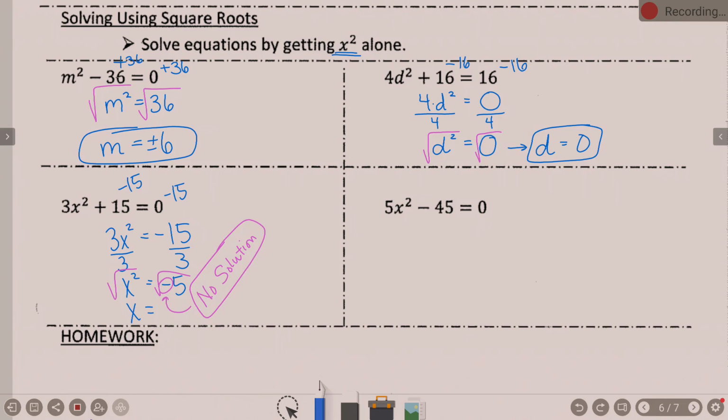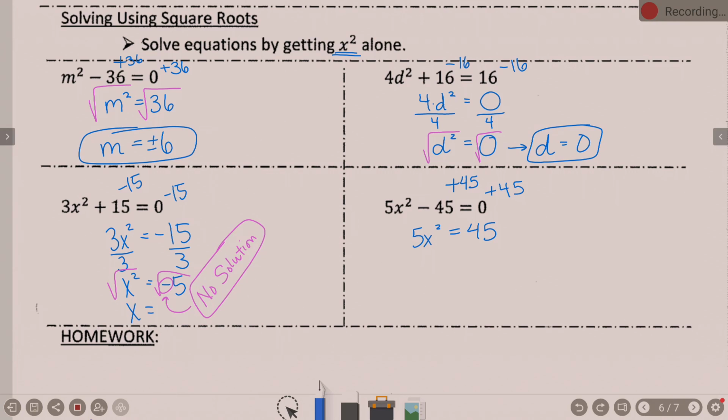Did you start solving this one without me? Maybe. If it's 5x squared minus 45, what are we going to do? It's already subtracting, so we're going to add. So the 45s cancel. 0 plus 45 is 45.